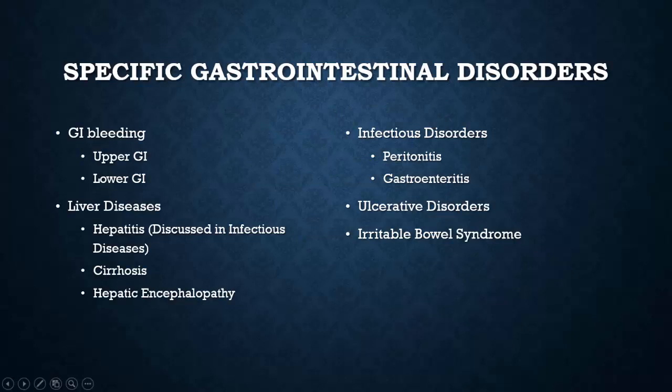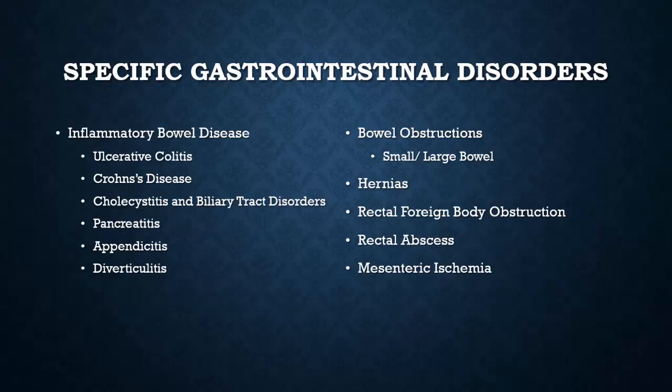Specific GI disorders that we're going to discuss in this lecture include GI bleeding of both the upper GI and the lower GI structures. We're going to briefly touch on certain liver diseases, infectious disorders, ulcerative disorders, irritable bowel syndrome as well. We will also talk about inflammatory bowel disease.